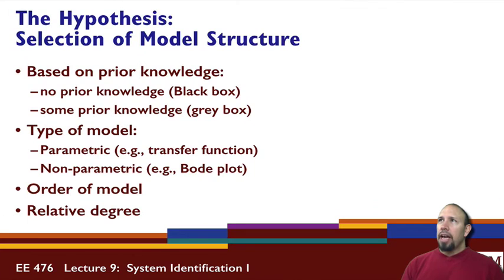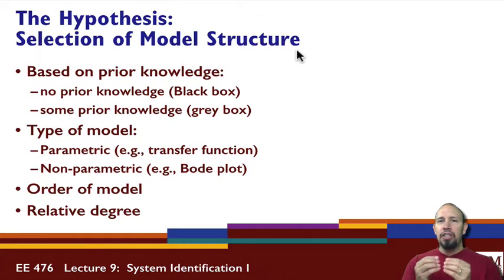The hypothesis is the selection of model structure. Whenever you're doing an experiment, it's important to have a hypothesis. In other words, what is it we're setting out to prove, one way or the other? A lot of what you're learning in this lecture is about empiricism, that is, how do we approach the problem of trying to obtain a model?